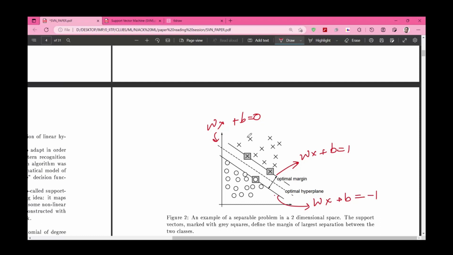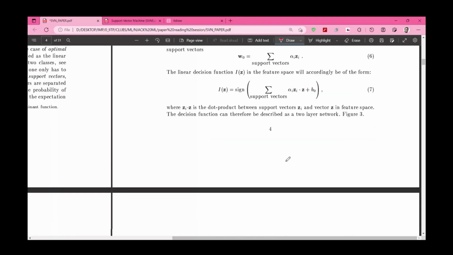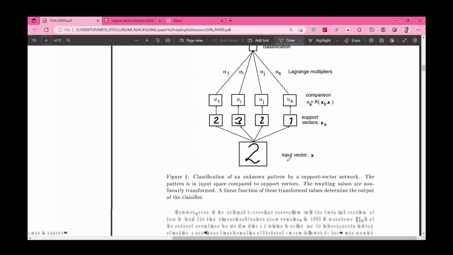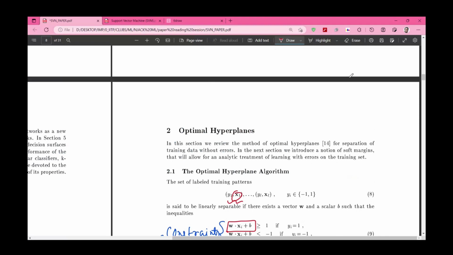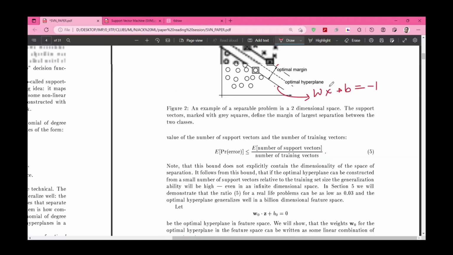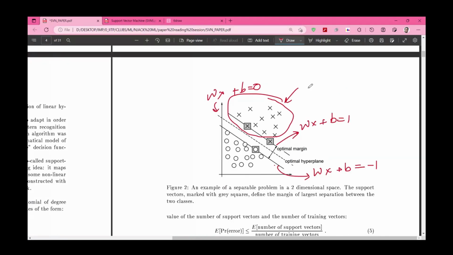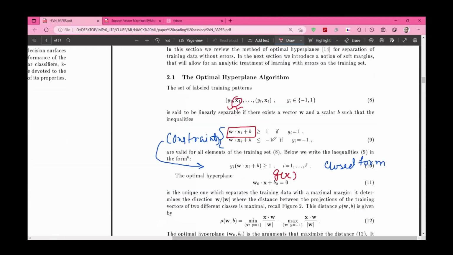So actually what we are doing is that we are applying the constraints on these data points, and these data points are written in this form: wx plus b should be greater than or equal to 1 if yi is plus 1, and we are taking this upper portion to be the positive class, defined as plus 1. So it should be greater than plus 1, and the below one should be less than minus 1. So this is what we are defining here in these constraints.